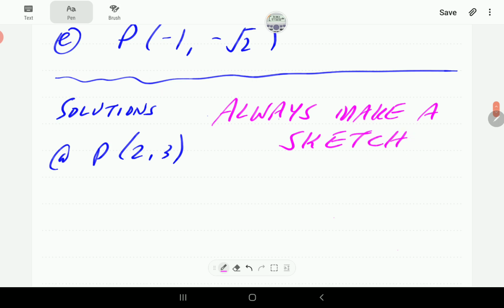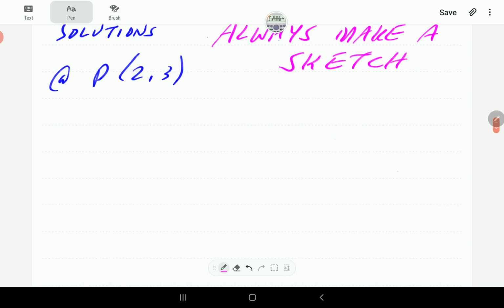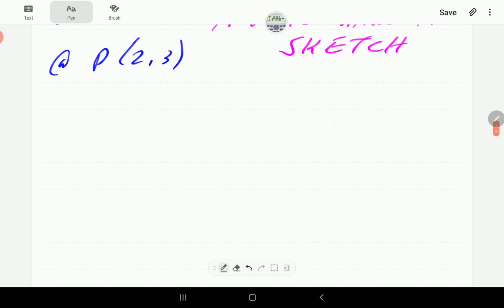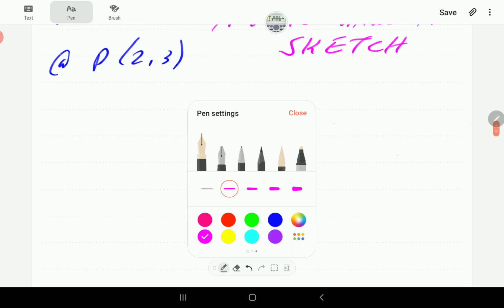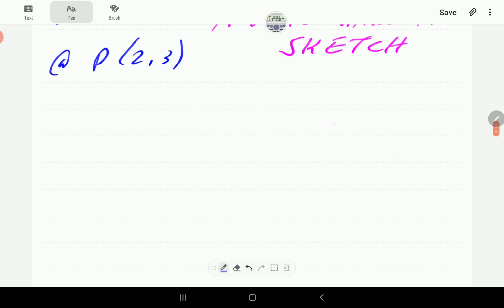The main reason for making the sketch is to determine the right quadrant where your angle is going to be lying. So we have the point (2, 3).